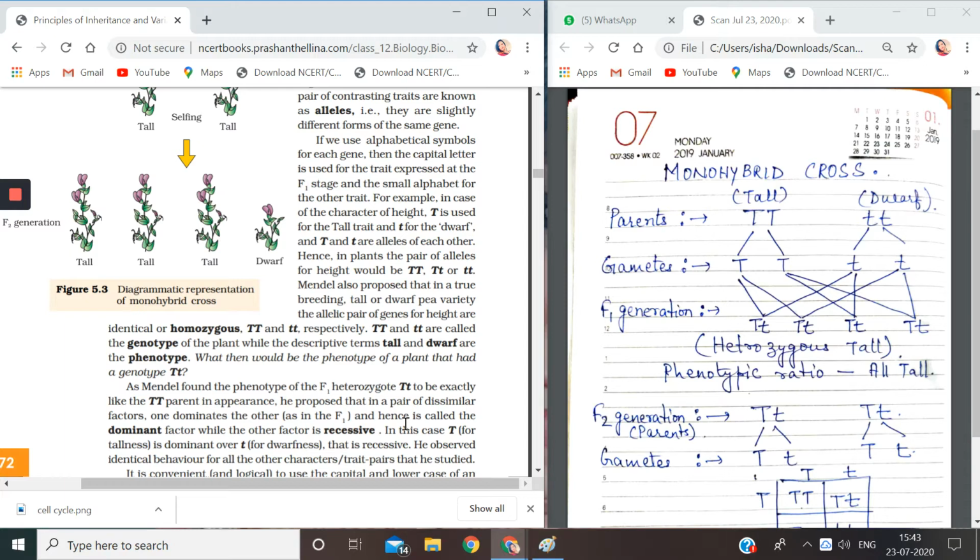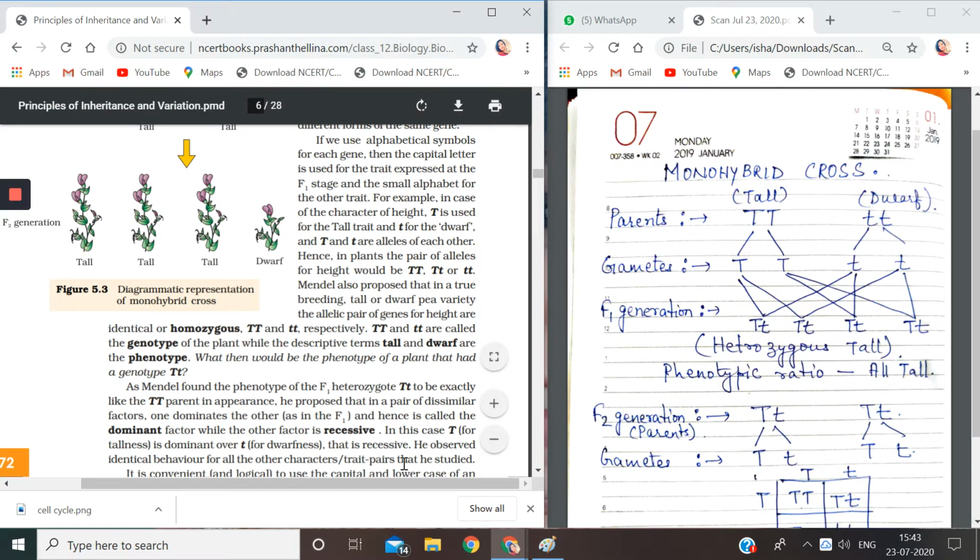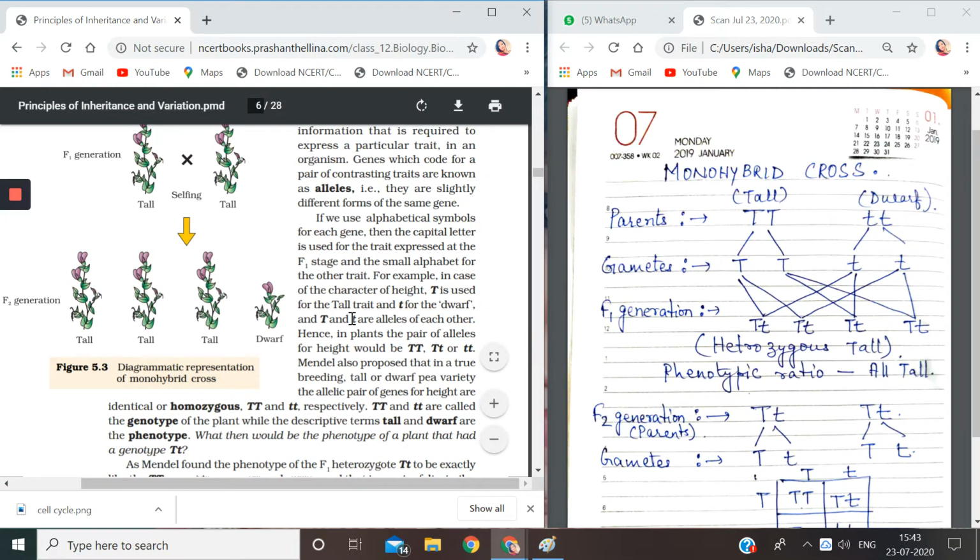So as you see, NCERT in front of you, I'll start reading from these lines. If we use alphabetical symbols for each gene, then the capital letter is used for the trait which is expressed at the F1 stage.